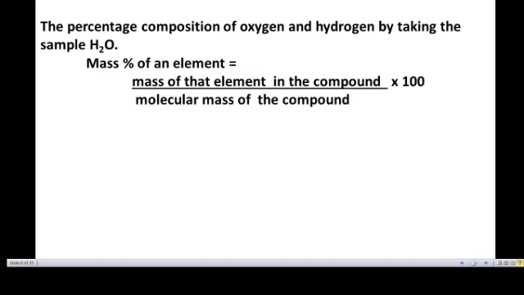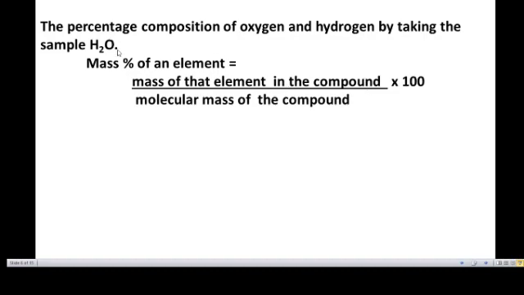First step: mass percentage of an element is equal to, first you write the formula, mass of that element, meaning the particular element which is to be calculated in the compound.